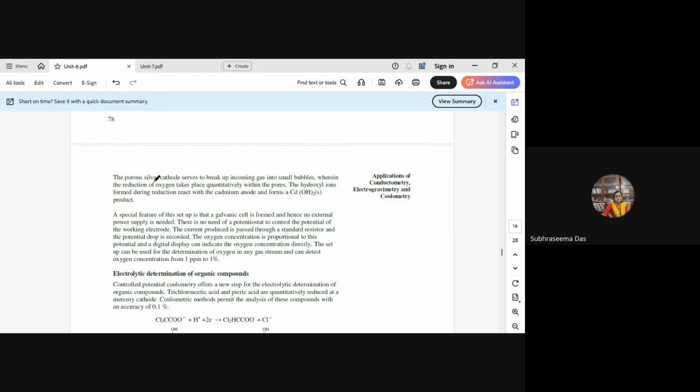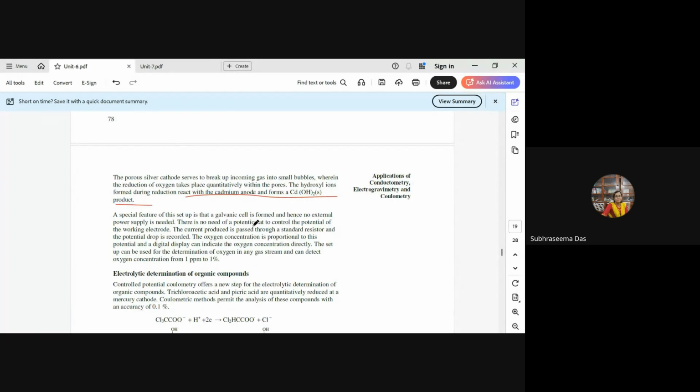The hydroxyl ions that form during the reduction react with the cadmium anode and form cadmium hydroxide product. A special feature of this setup is that a galvanic cell is formed and hence no external power supply is needed. Therefore, there is no need of a potentiostat to control the potential of the working electrode.